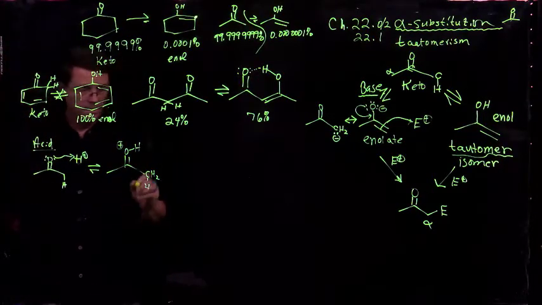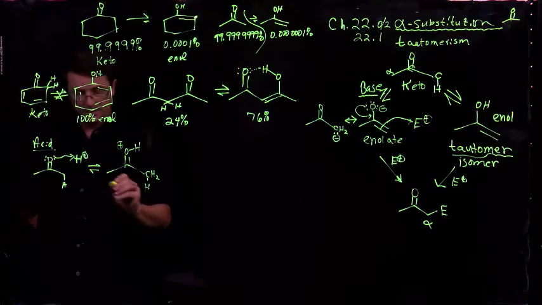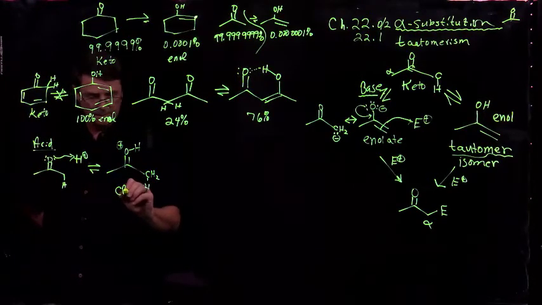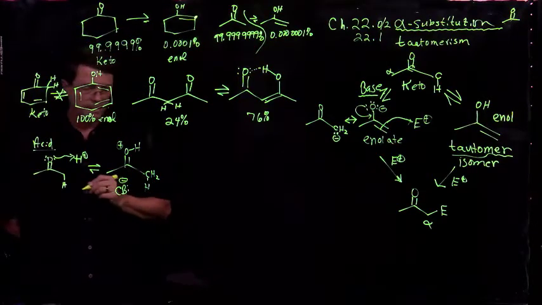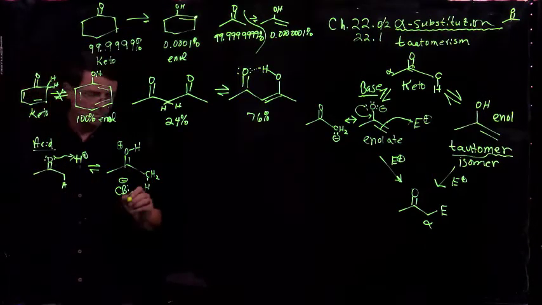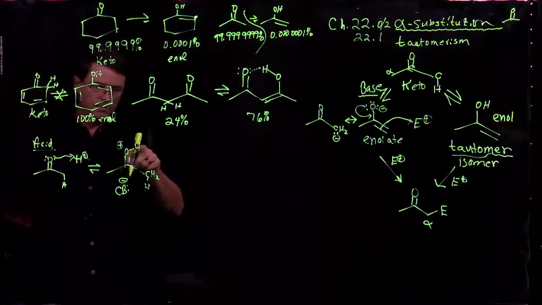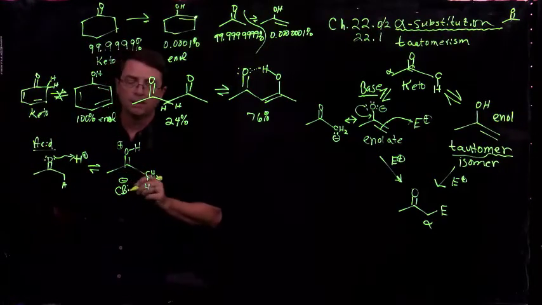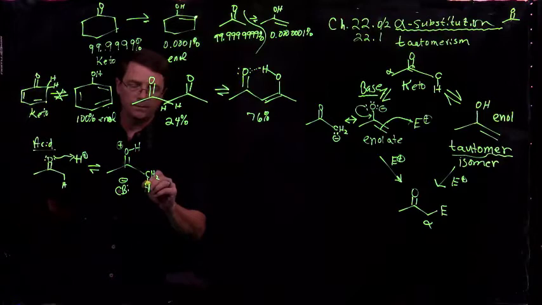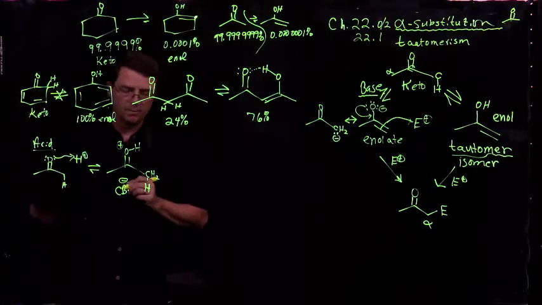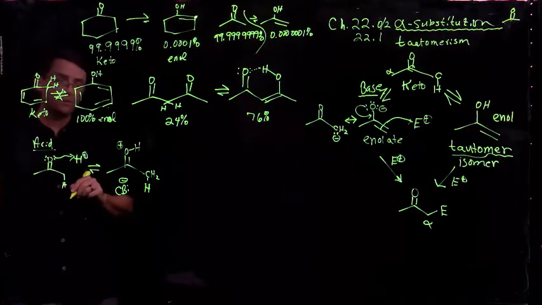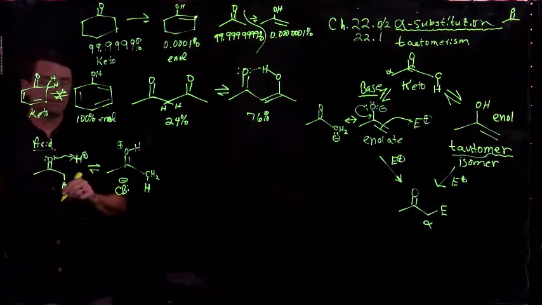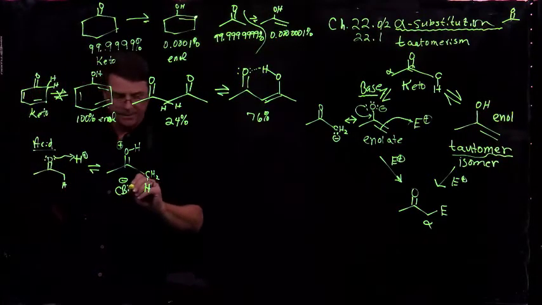If we now have the conjugate base, I'll write it as Cb of our acid, whatever it was that was negatively charged, or a solvent molecule, what you see is that we have a protonated carbonyl. And of course, in this instance, it makes this position much, much more acidic, just like it made the carbonyl more electrophilic in acid catalyzed processes that we've already seen.